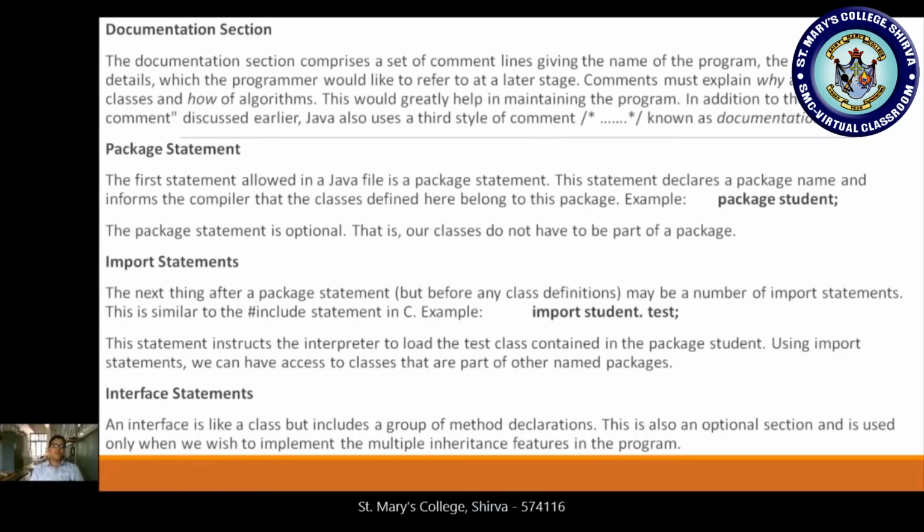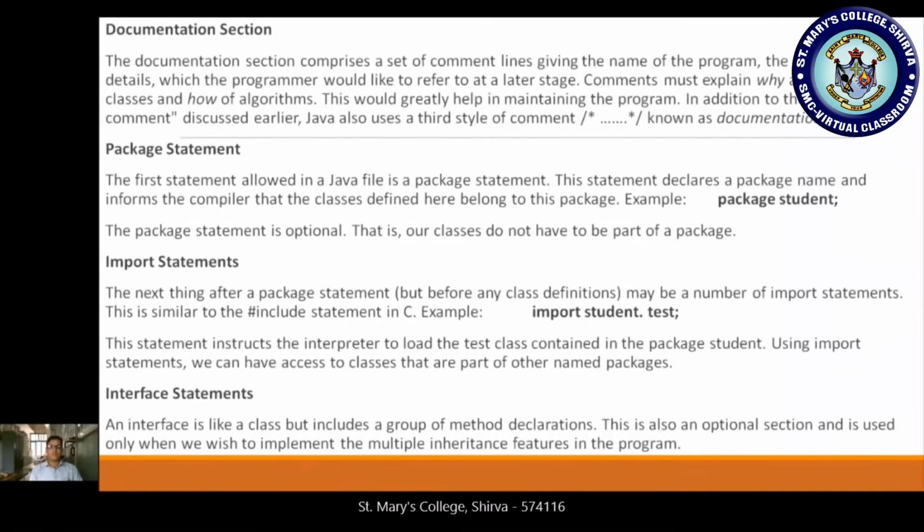The first statement allowed in a Java file is a package statement. This statement declares a package name and informs the compiler that the class defined here belongs to this package. So it is just like a folder. Package is a collection of folders. That collection comprises classes, methods and interfaces.